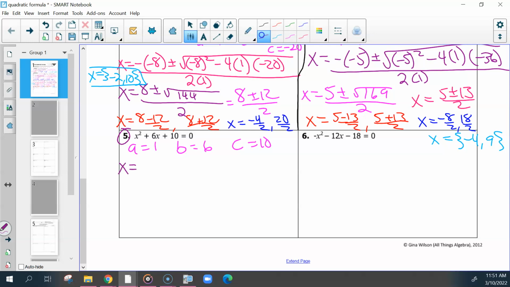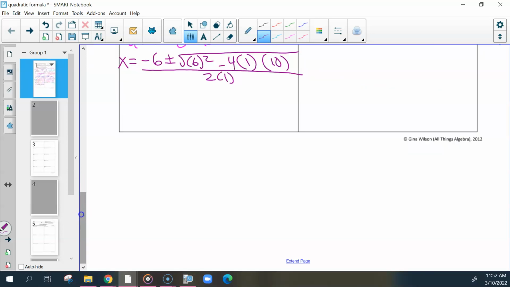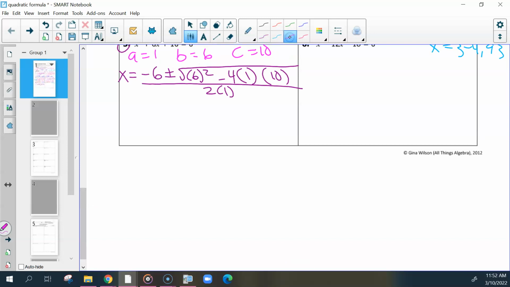So x equals negative b plus or minus the square root of b squared minus 4 times a times c, all over 2a. Start to simplify and find your discriminant.